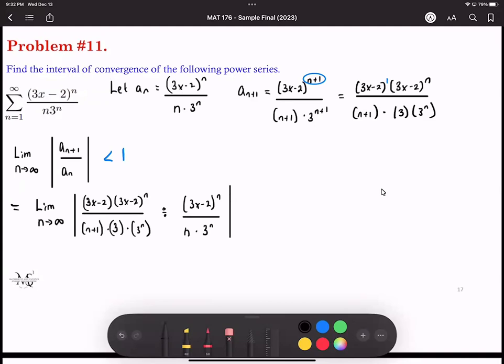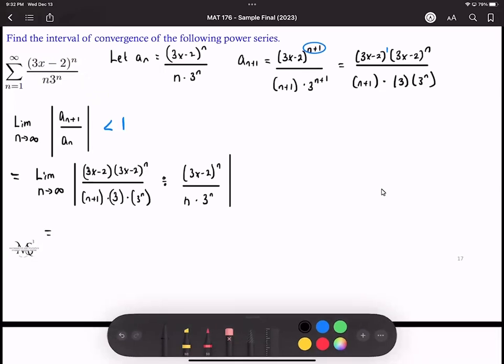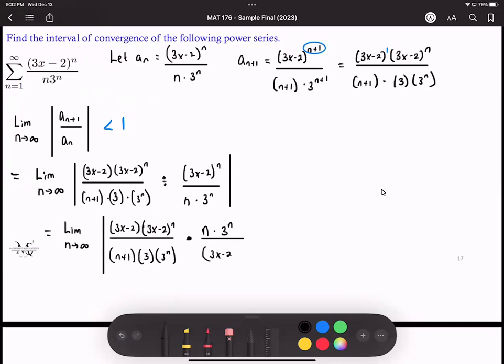Okay, so instead of dividing by a_n, you now multiply by its reciprocal. So this will give us the limit as n goes to infinity of (3x - 2) times (3x - 2)^n over (n + 1) times 3 times 3^n, multiplied by n times 3^n over (3x - 2)^n.